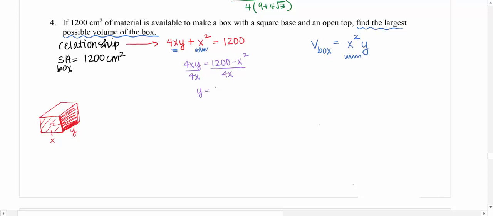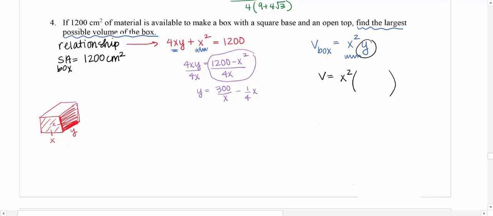I could say that this is 300 over x minus 1/4 x. So if you think that's going to be an easier way to write it, you can, or you could have just left it as 1200 minus x squared all over 4x. When you go to substitute, you'll probably see a preferred substitution.